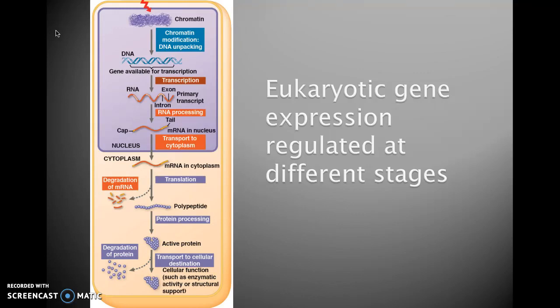And then transcription, RNA processing, transport to the cytoplasm, translation, protein processing, transport to the cell destination. And then off to the left, I missed two: degradation of mRNA and degradation of a protein as well.